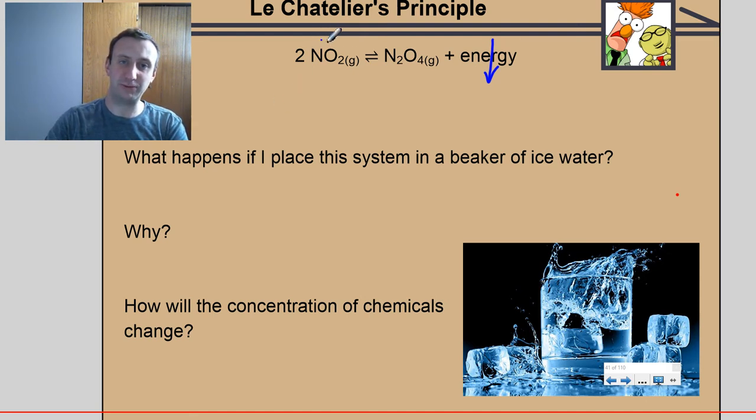So it's going to shift to the right to oppose the stress that I made. I brought it down for energy. It shifts to the right to bring the temperature up again. So if I place this in a beaker of ice water, because N2O4 is colorless, it's going to get lighter brown. Okay, so it becomes more colorless.